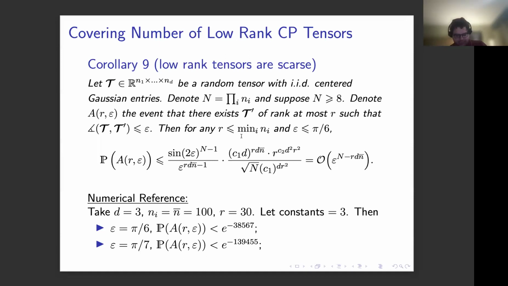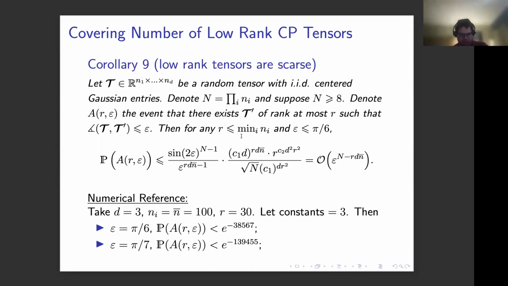And as someone who likes tensors and low rank tensors, what does it mean that it's extremely unlikely for a random tensor to be low rank? The way I interpret this is that the tensor has to have some sort of underlying structure for a low rank approximation to be reasonable.